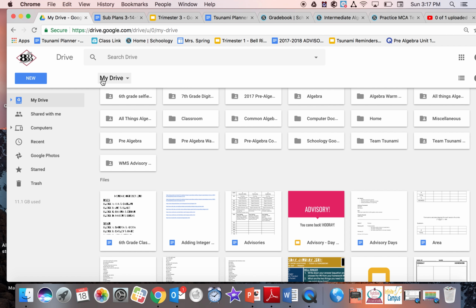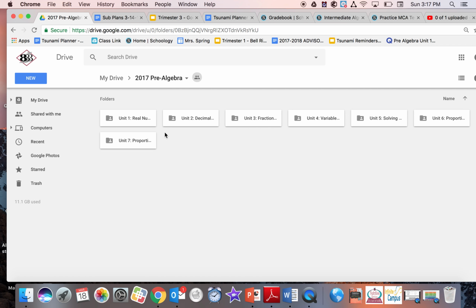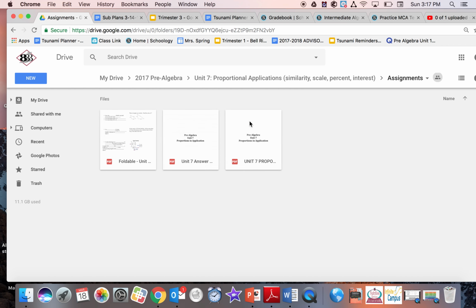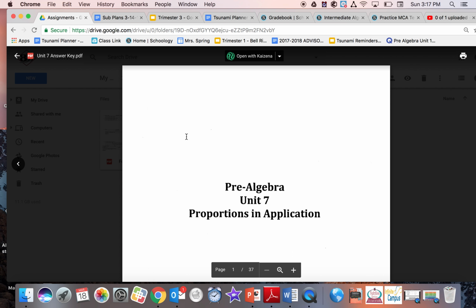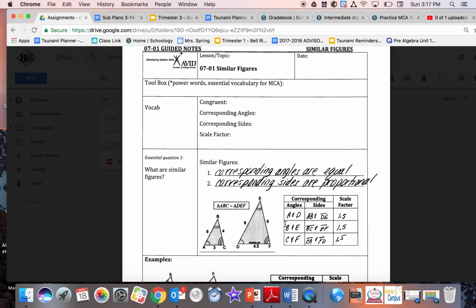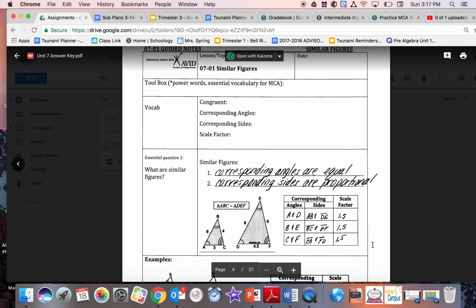Sorry, I gotta bounce back here to the key so that you can check your thinking with my thinking. It's going to be important to be able to identify similar figures and corresponding sides because we're going to eventually use that idea of having proportional side lengths and scale factor to find unknown side lengths of a similar figure.